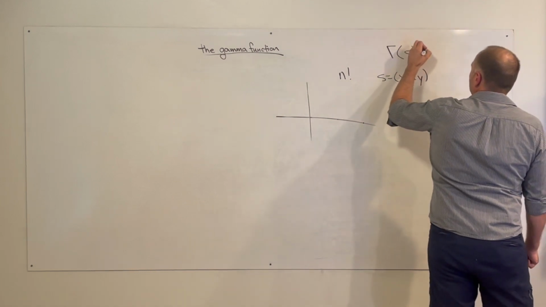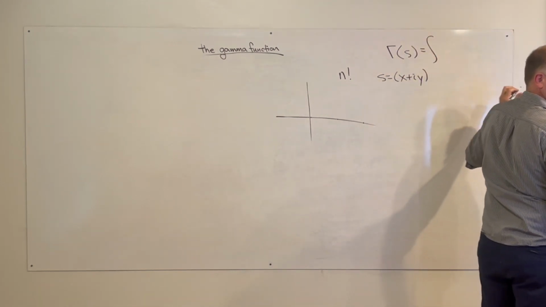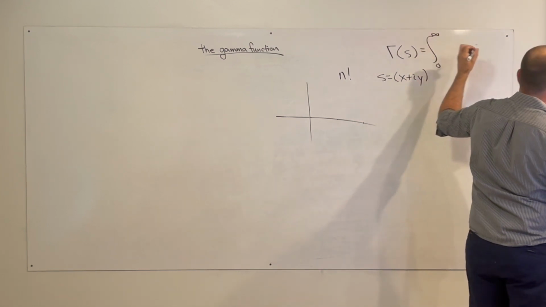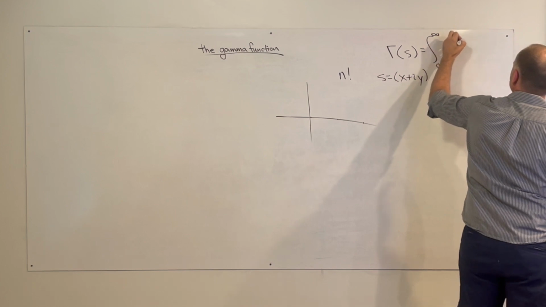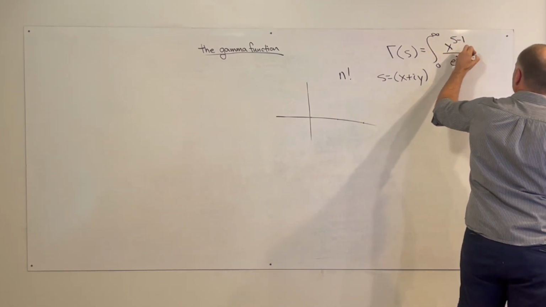Then I can write it in terms of an integral, 0 to infinity, x to the s minus 1 over e to the x dx.